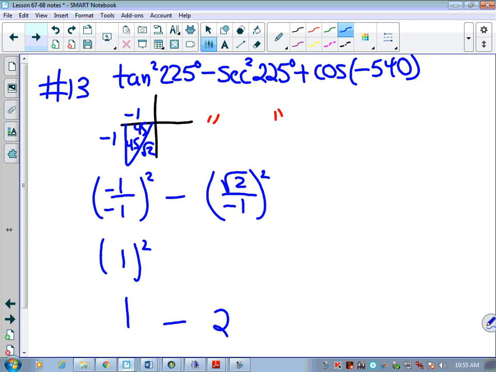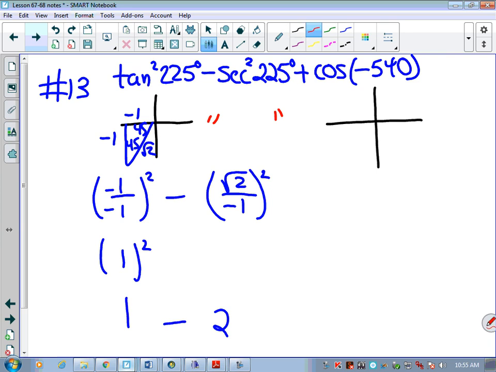All right, then we get into cosine of negative 540 degrees, which means we're headed not counterclockwise like we normally are, but clockwise. So we're going to take 540 and subtract 360 out of it. I'm not even concerned about the negative at this point because the negative is just telling me direction. What is it? 180.